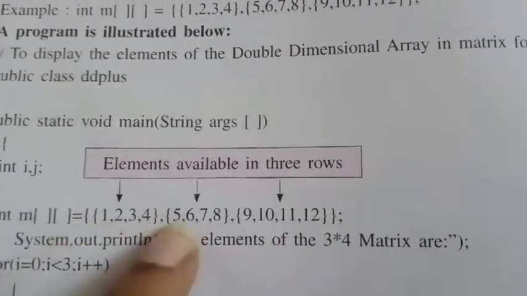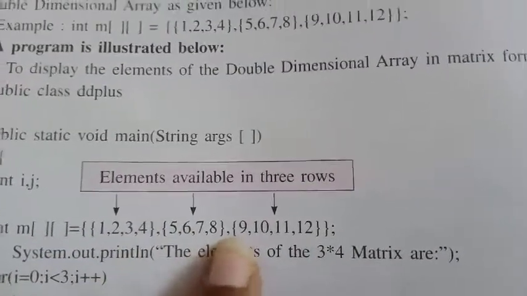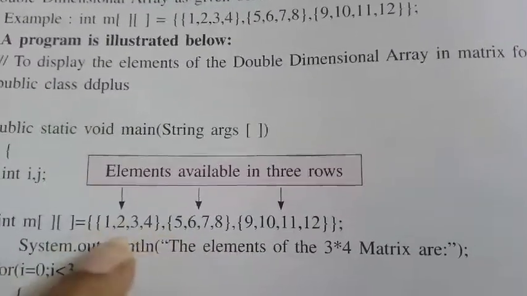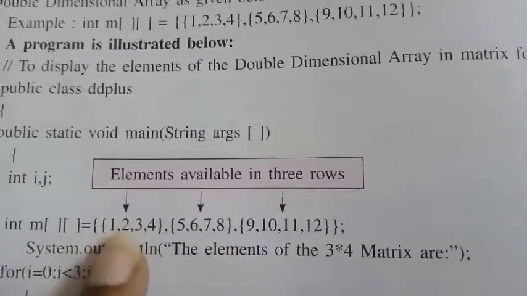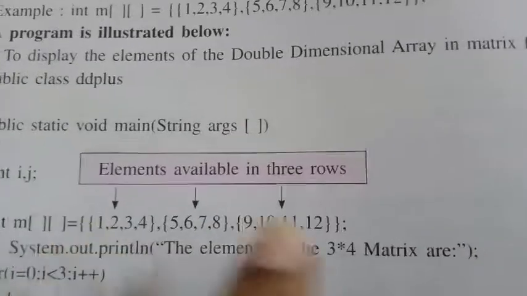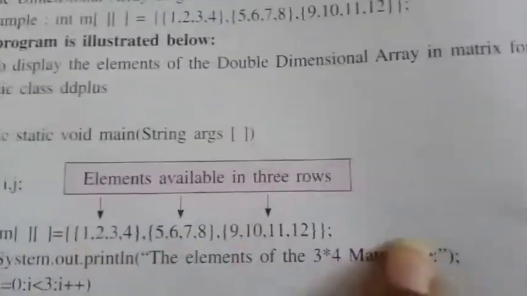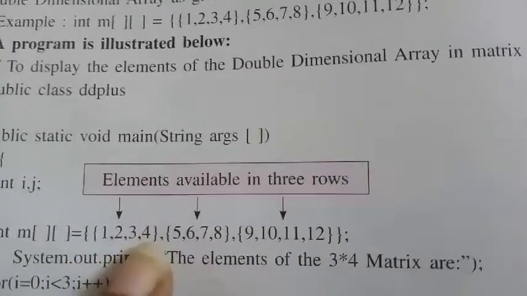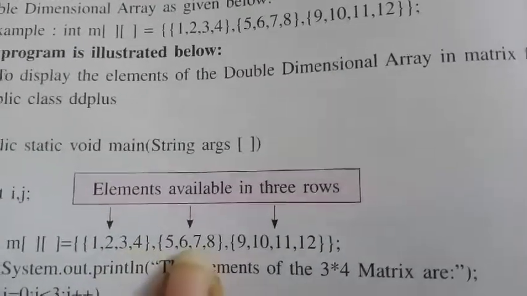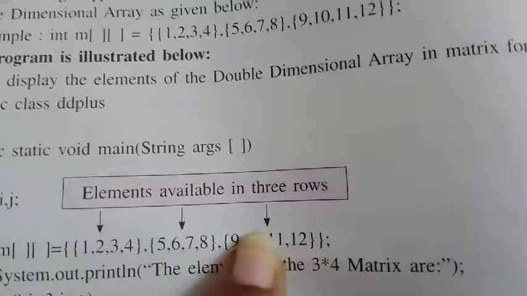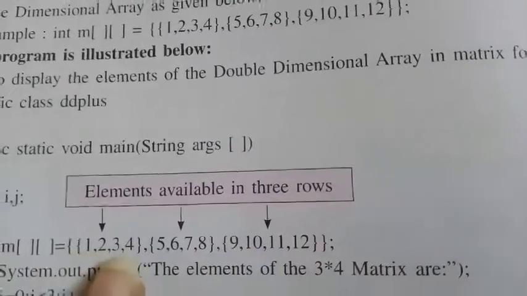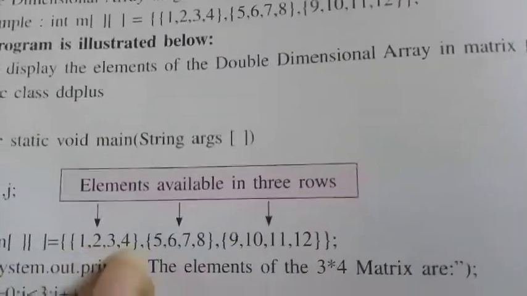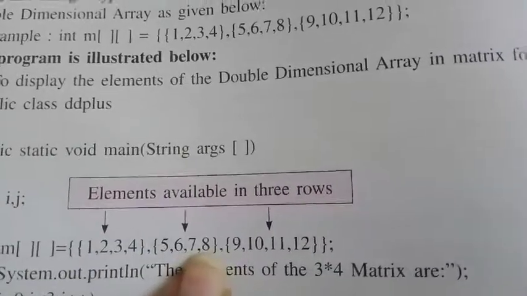The first row will be separated by using curly braces inside the main curly braces. This is the main curly braces which starts here and ends here. Inside it you are giving one row in one set of curly braces, another row here and another row here, and each row should have the same number of elements.